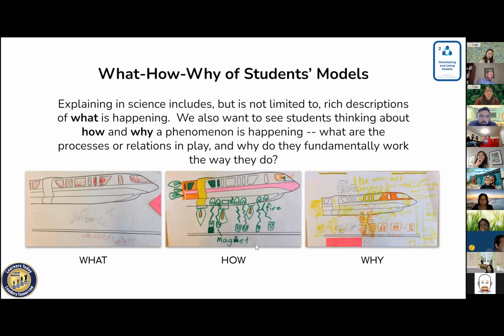Then we get into the how a little bit deeper, a deeper understanding of how that phenomenon is happening. And then we really want to push our students to get into the why, right? Why does this fundamentally work the way that it does? And you as teachers, you kind of already get into the how and the why, right? But a lot of our students might just start with the what, and that's fine. But how are we going to elicit further thinking and their changes over time?